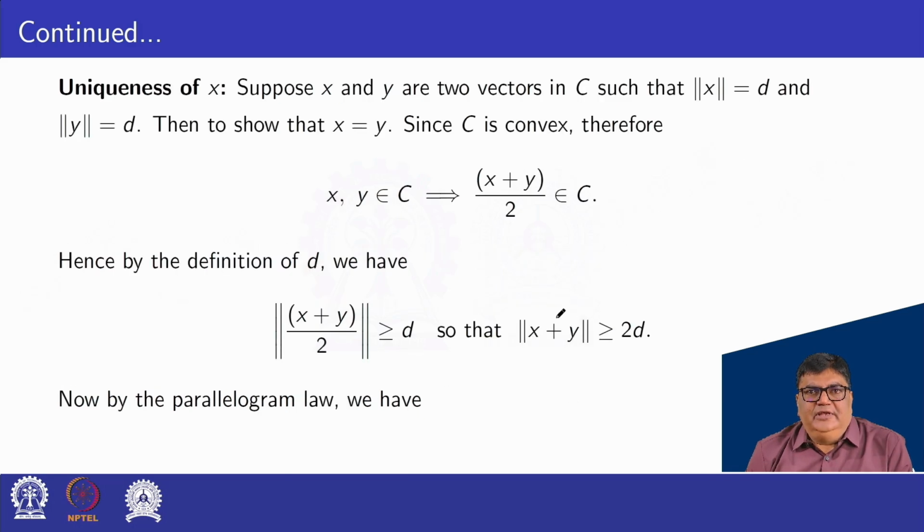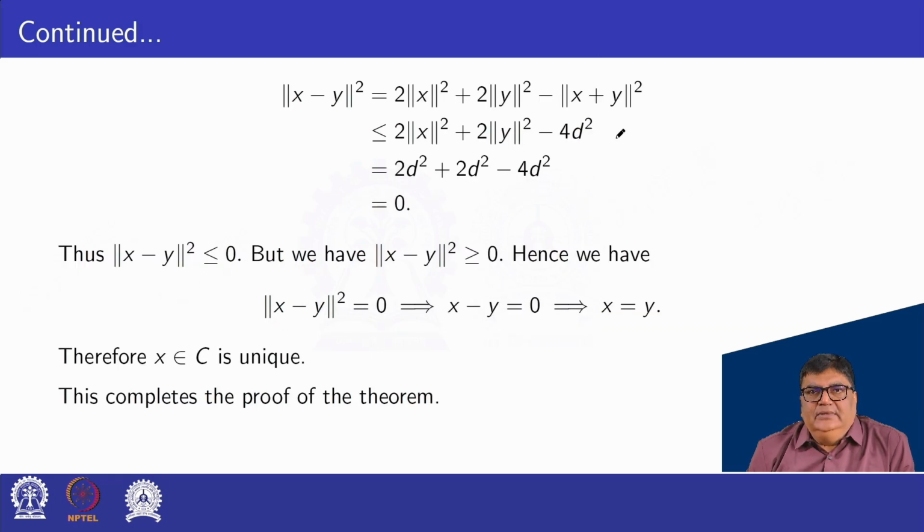Here norm x+y ≥ 2D, so minus norm of x+y squared is ≤ minus 4D squared. That is less or equal to 2 norm x squared plus 2 norm y squared minus 4D squared.